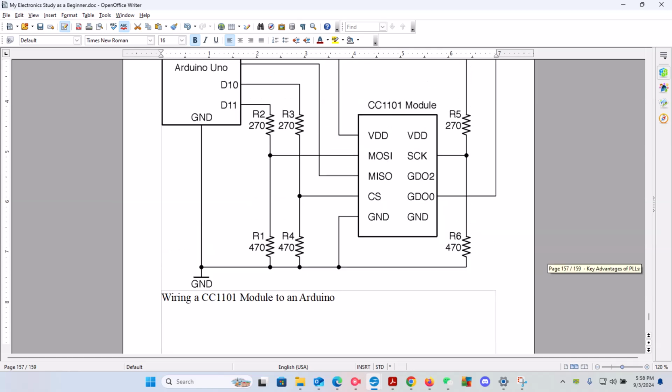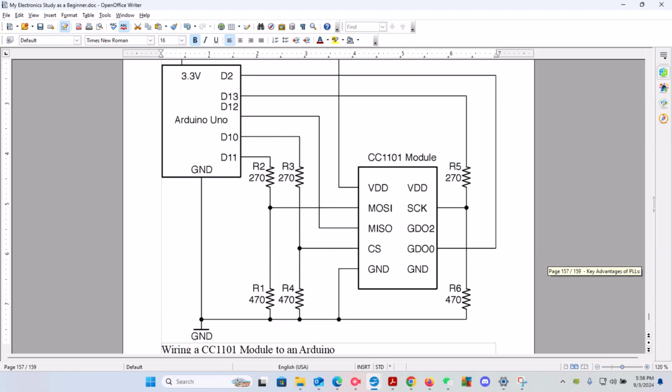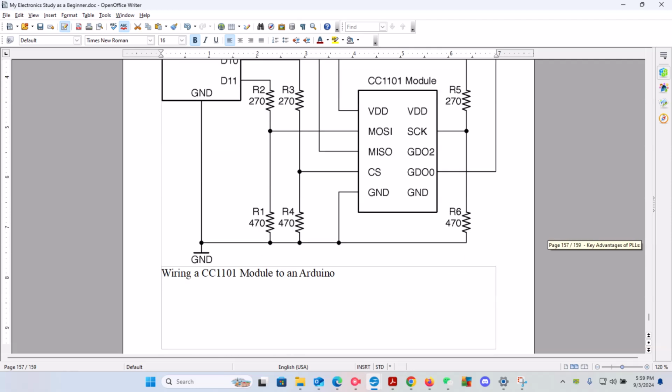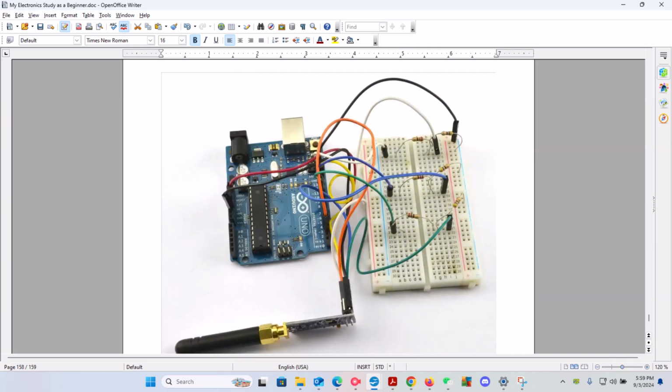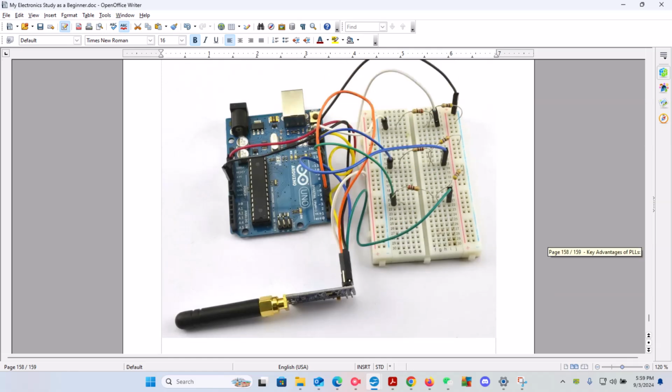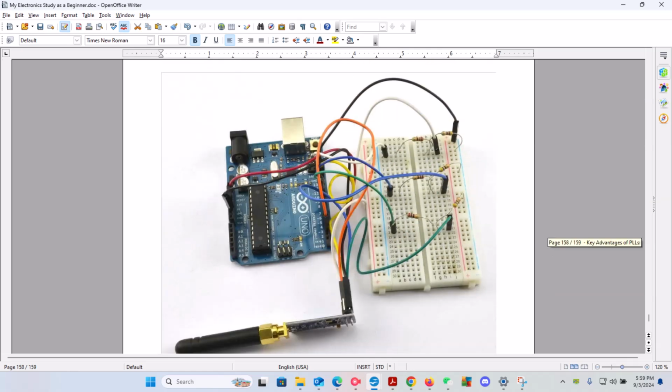So you can see how it has the two major paths, each subpath based upon how it's connecting to the CC1101 module, which is your integrated circuit module. And that is the wiring for a CC1101 module to an Arduino. Ahead of you, you see the actual picture of what the schematic was describing.